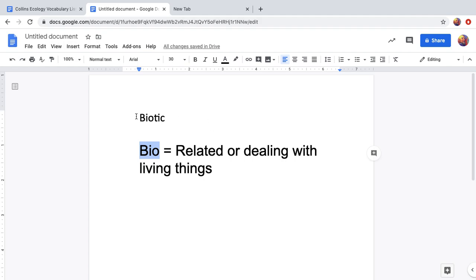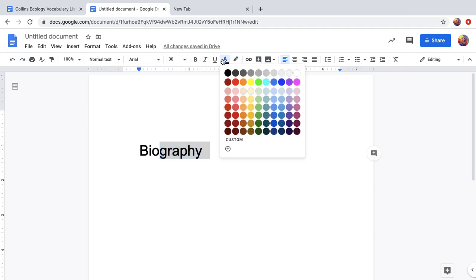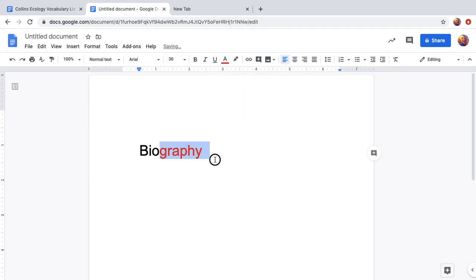Now, let's see what types of words we can think of that start with bio. What about biography? If you've ever read a biography, it's a book about what?